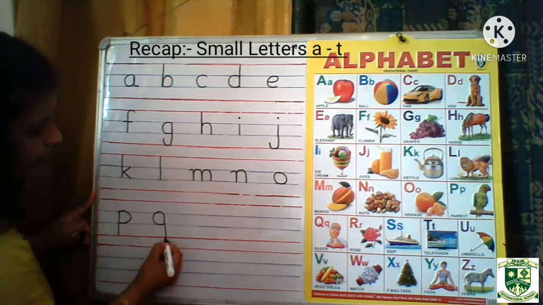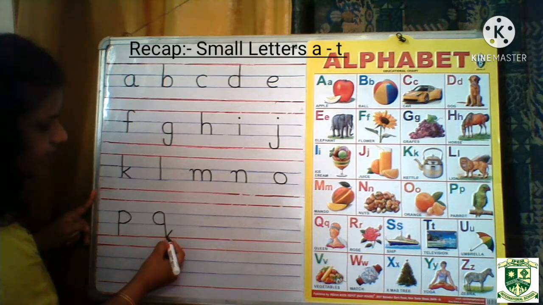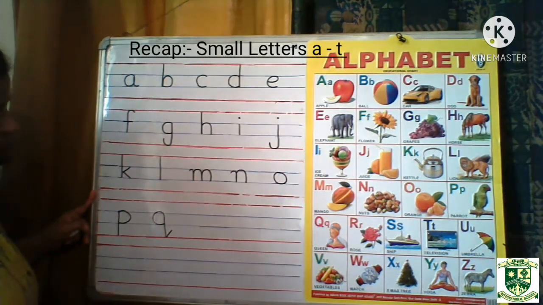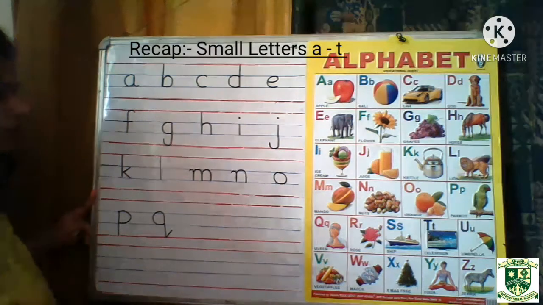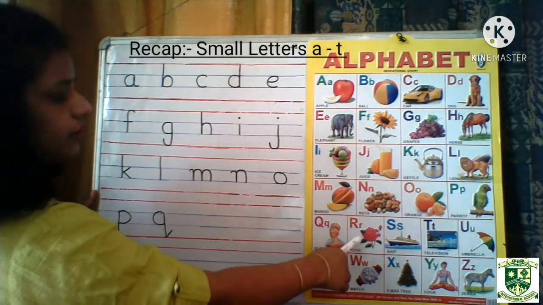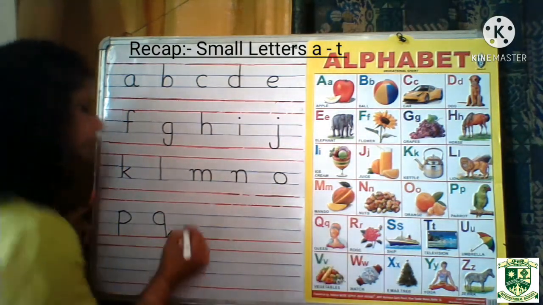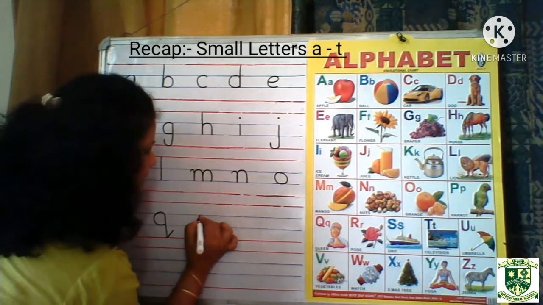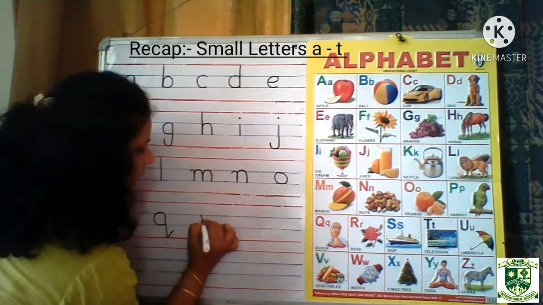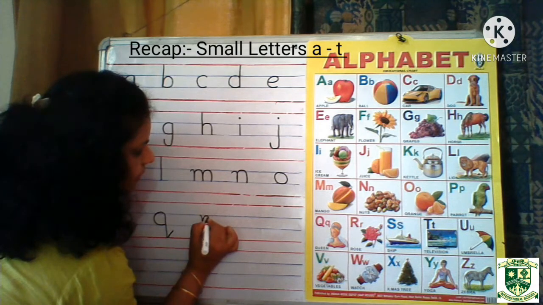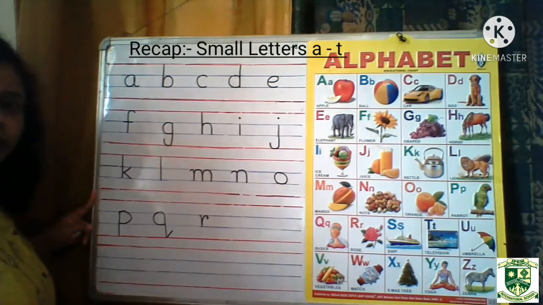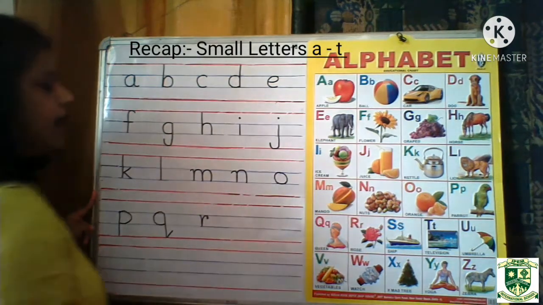Very good. And down from here we can give one slanting line. This is how we'll make q. Then what comes after q, children? r. Now in between the two blue lines we'll make one standing line and then take it right up and give a little curve and a dot. This is how we'll write small r.